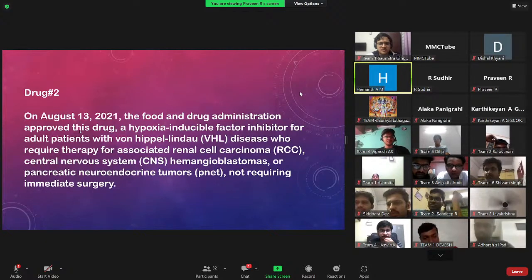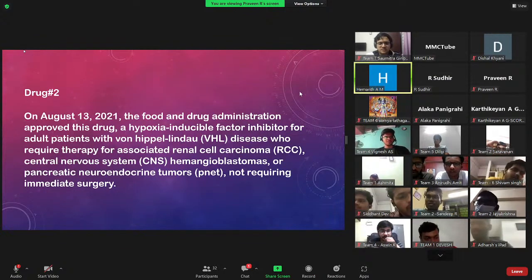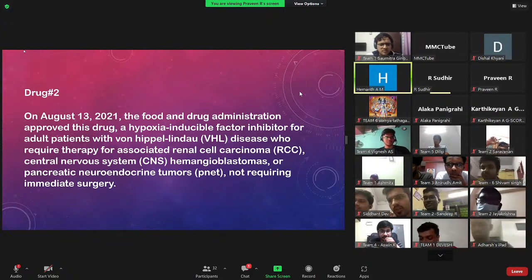Drug question for Team 4. In 2021, the FDA approved this drug, which is a HIF inhibitor, for adult patients with VHL-associated disease who require therapy for RCC, CNS hemangioblastoma, and pNET tumors, not requiring immediate surgery. What is the drug being discussed?